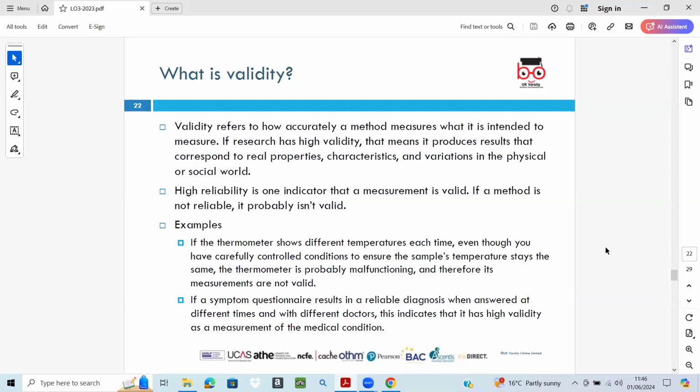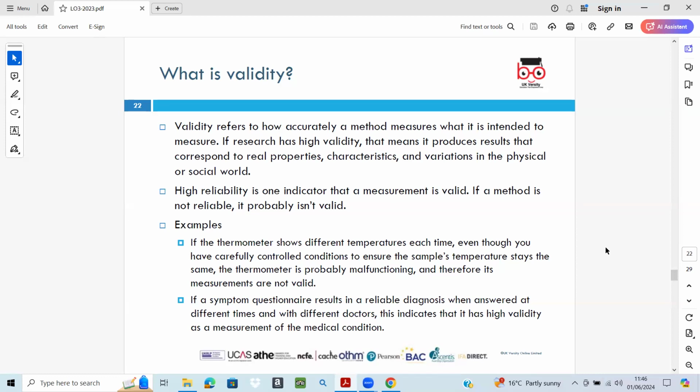So valid measures should be both reliable and accurate in capturing the intended concept or construct being measured. So overall, understanding validity is crucial in research as it ensures that the measurement tool and method used accurately capture the phenomena of interest.